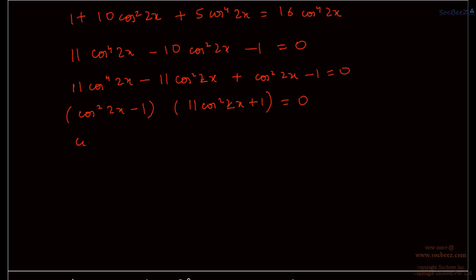So the roots we get are cos square 2x equal to 1 or cos square 2x equal to minus 1 by 11.